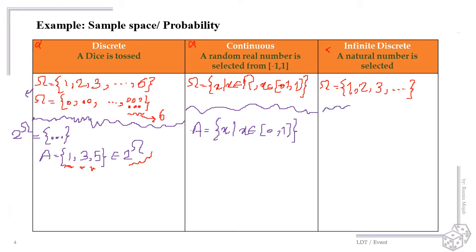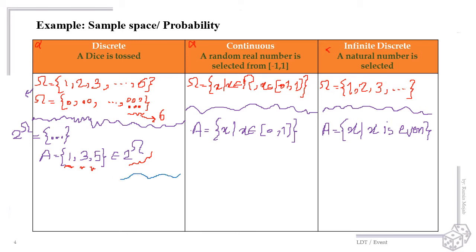For the infinite discrete case, again, I'm not going to write down the power set. However, this set, x such that x is even, is an event, and we can talk about its probability.